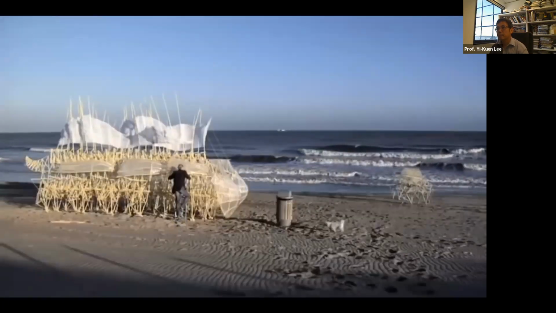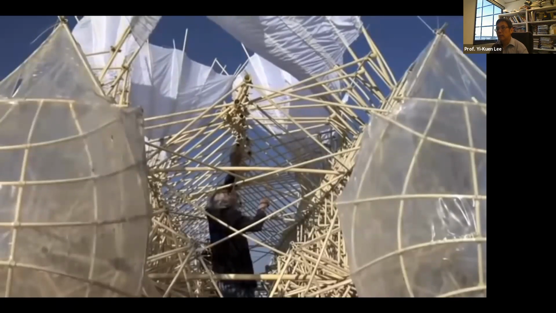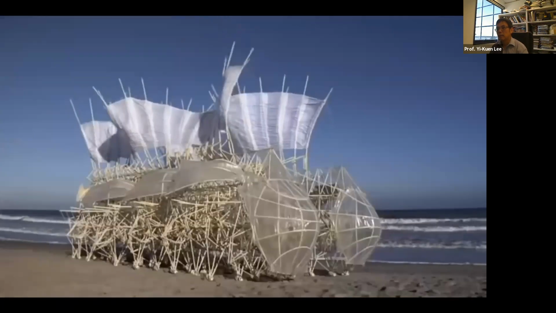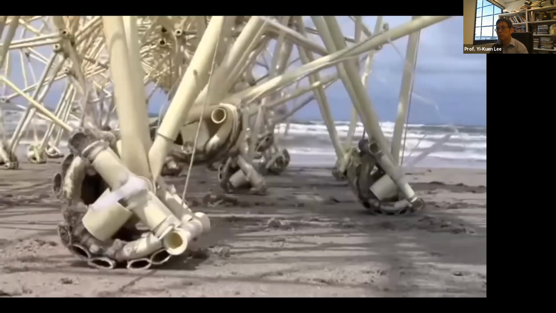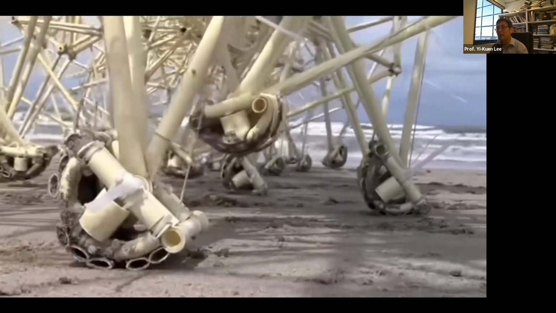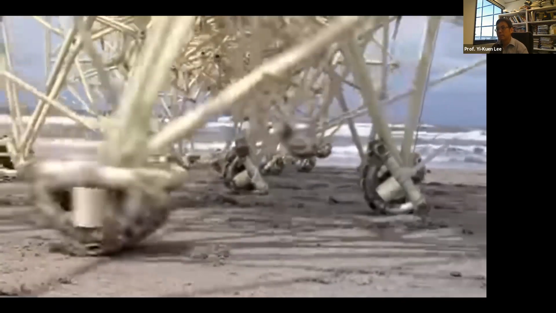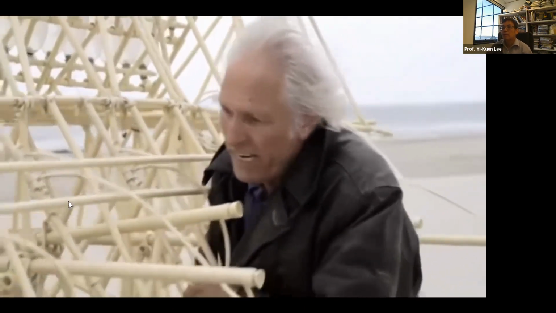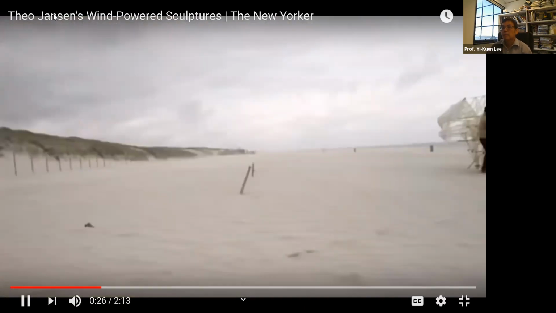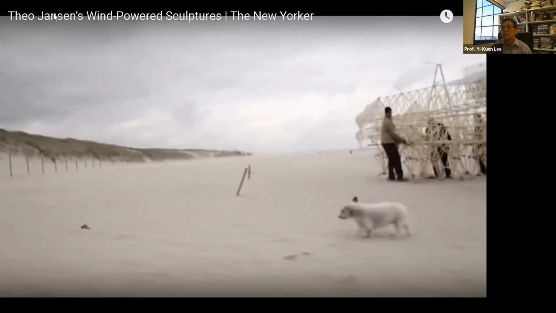My name's Ian Fraser, and I've written a piece about Theo Jansen, who is a Dutch artist who makes creatures that walk, kinetic sculptures. This is pure mechanical mechanism. Steps. 1, 2, 3. Strandbeest in Dutch means beach animal.